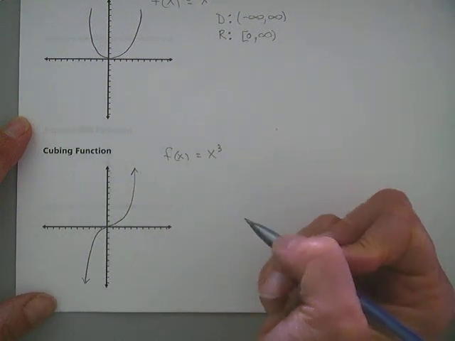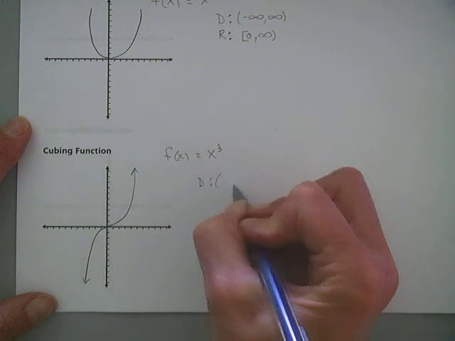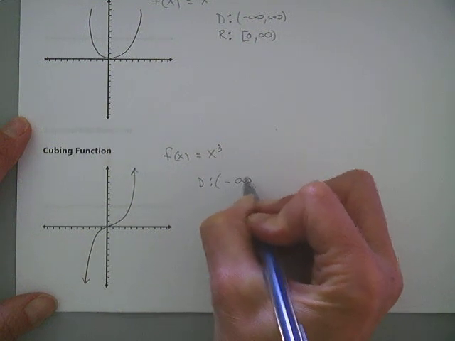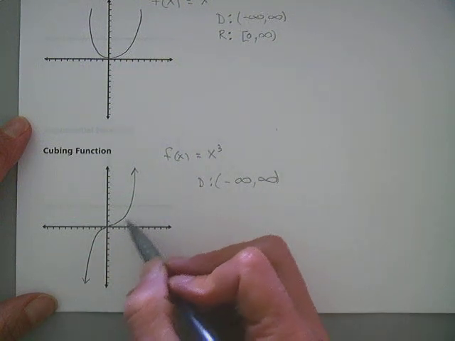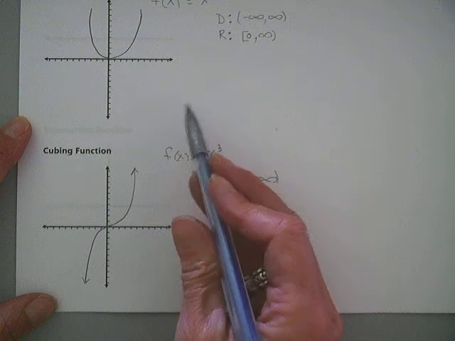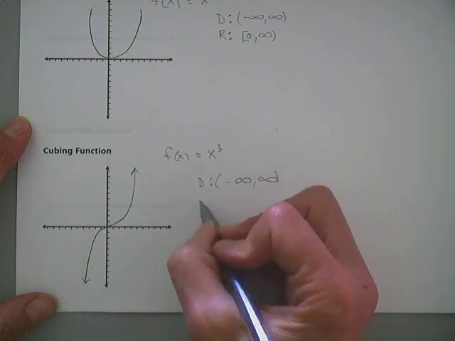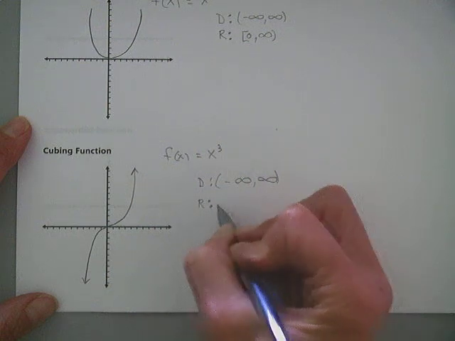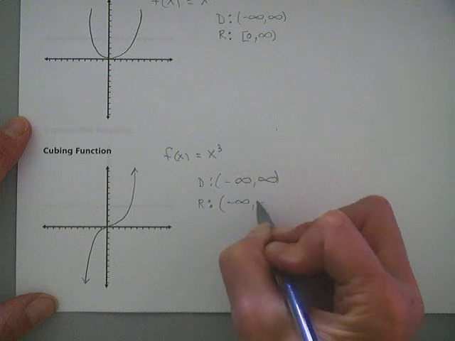Looks pretty good. What is our domain on this guy? Yes, it is, in fact, all of them. It doesn't look like it, but this graph will eventually keep going all the way out as it does this way also. What about the range in this case? What y values will work? Same.